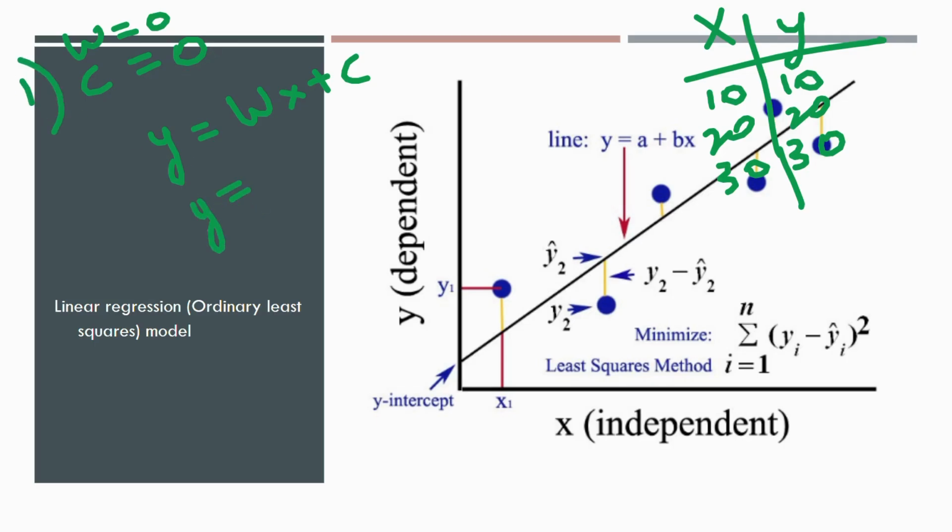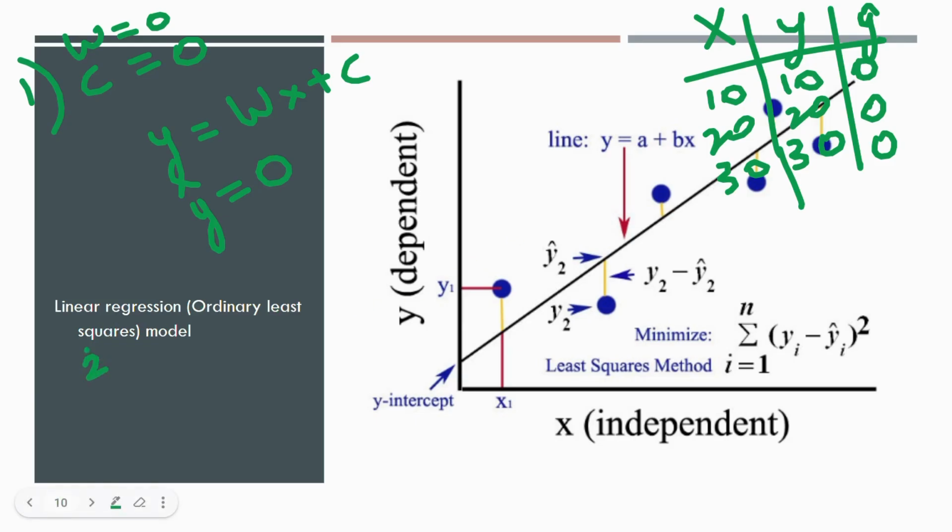So my model becomes y is equal to 0, and this will be the prediction. That means the model is predicting everything as 0, which means there is a huge error.